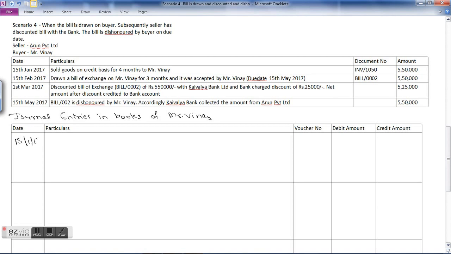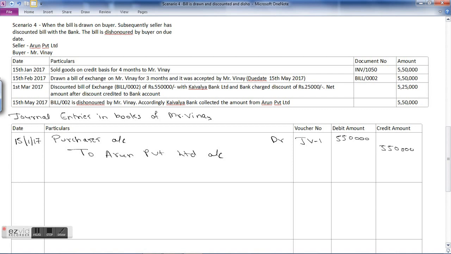So 15 Jan 2017. The entry will be purchases account debit to Arun Private Limited account. Okay, we'll put it as JV number 1. Debit amount is 5,50,000.